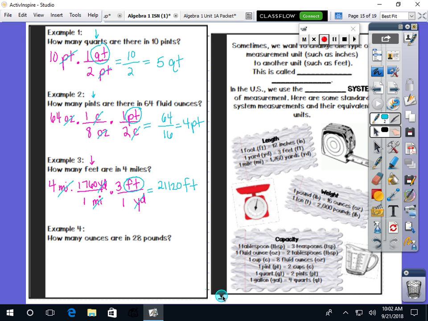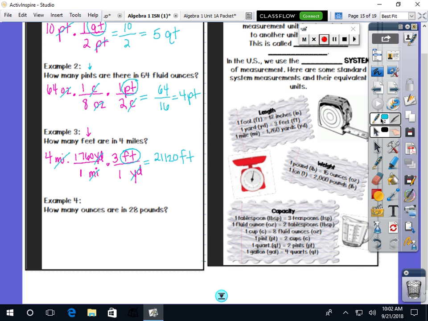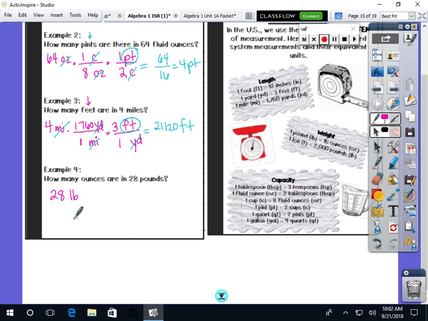Okay, last example. How many ounces are in 28 pounds? So what do we start our chain with? 28 pounds, so 28, and then LB is the abbreviation for pounds. Now we're going to multiply that. What has to go in the bottom of the next fraction? Pounds. Do we know anything about pounds straight to ounces? Yeah, look, 1 pound equals 16 ounces.